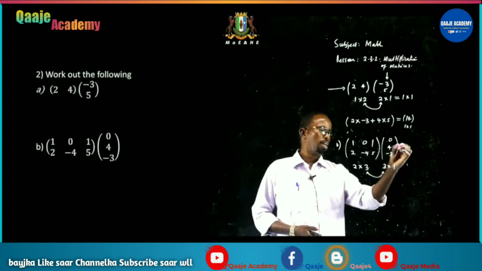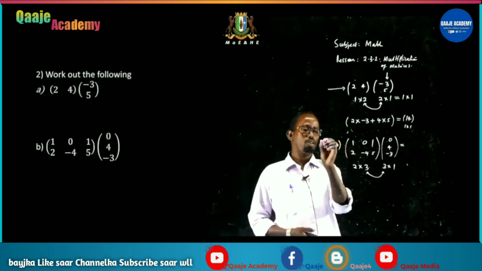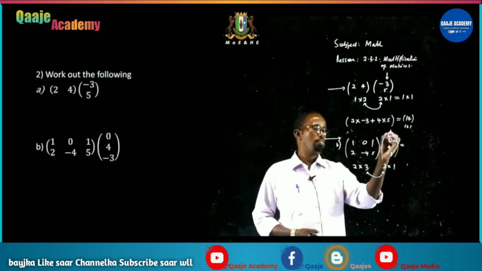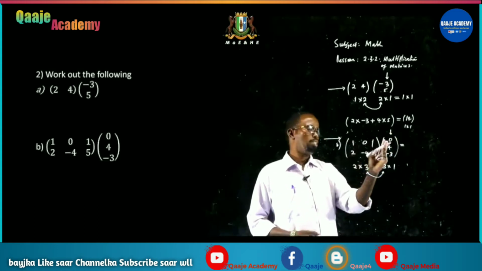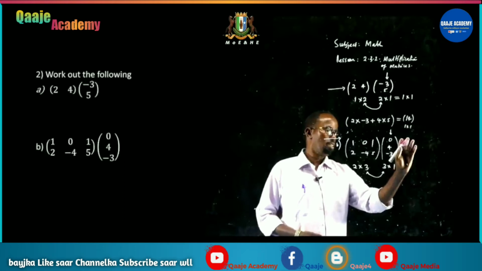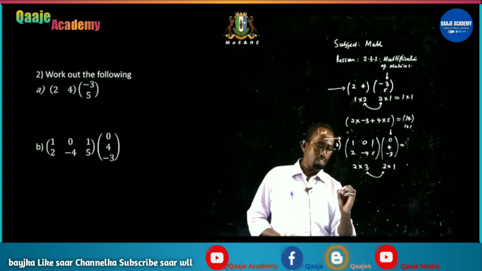So we multiply, we start with first row multiplied by the first column. So 1 times 1, let me just write the answer here.